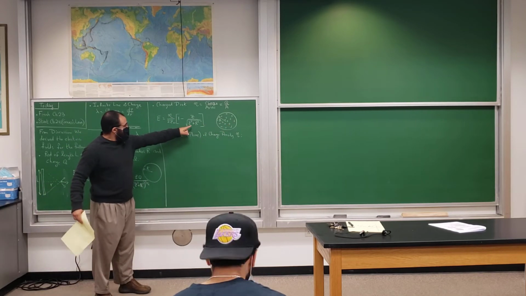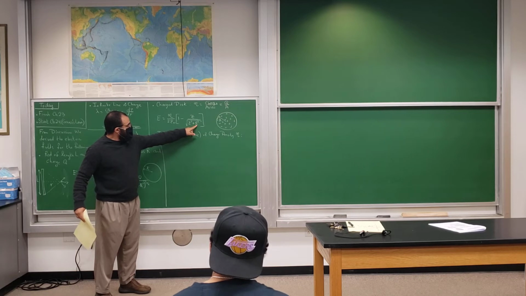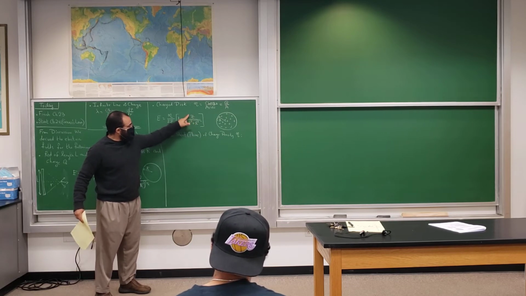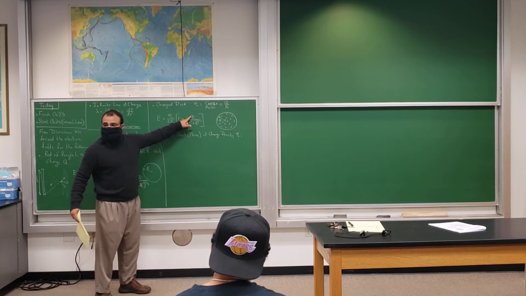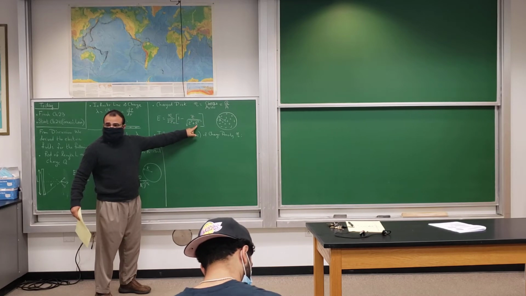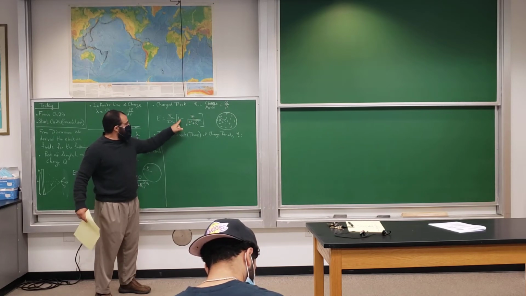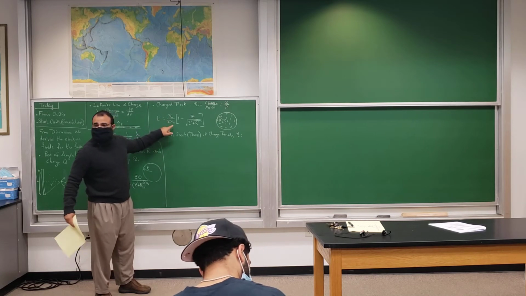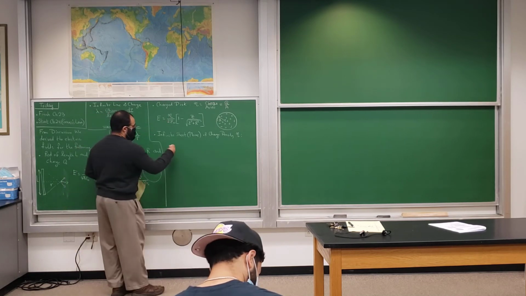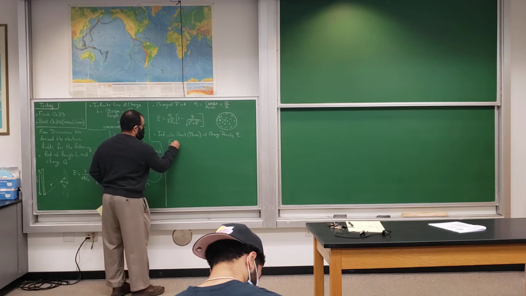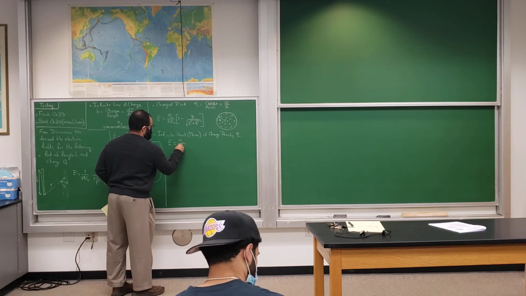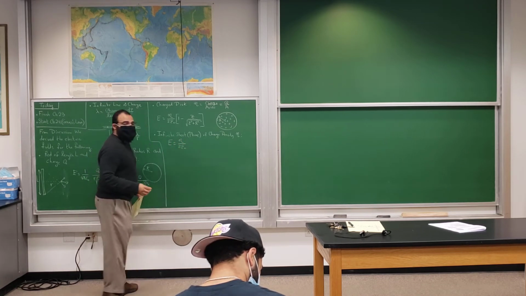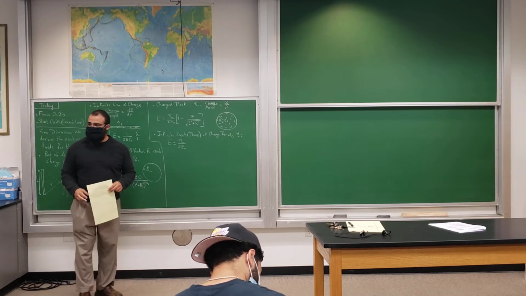So if you do that, if R goes to infinity, then this part will disappear, become 0, right? You'll be dividing some finite number by an infinite, so you get 0. So you just have a 1 here. So the only thing that stays is eta over 2 epsilon. So for an infinite sheet of charge, the electric field is eta over 2 epsilon naught, no matter how far away you stand from it.